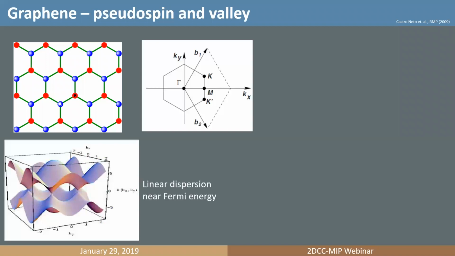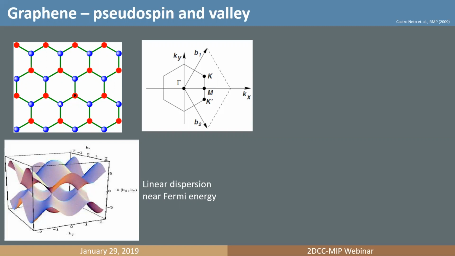If we go to the reciprocal space and calculate the band structure, it looks like this, with linear bands, linear dispersion near the Fermi level at zero. These bands are formed by the hybridization of the bonding and anti-bonding orbitals.